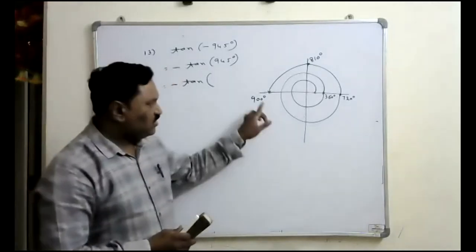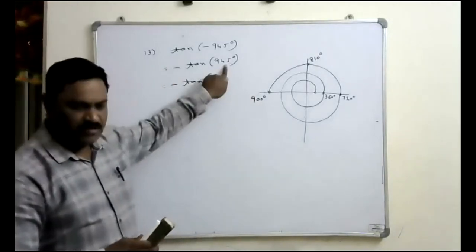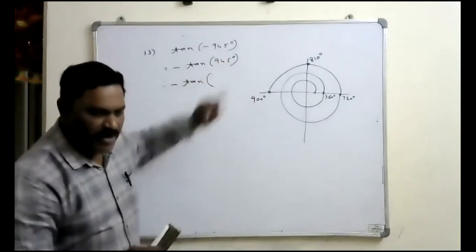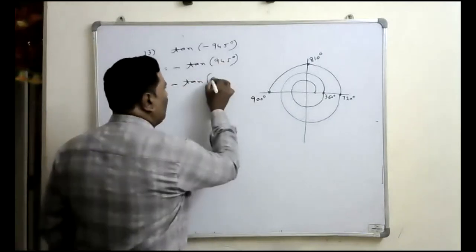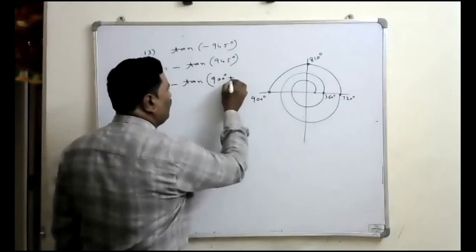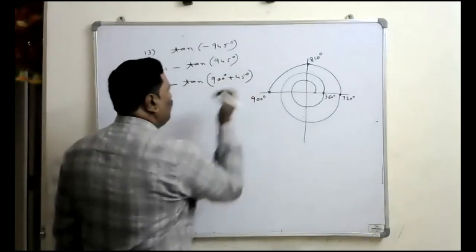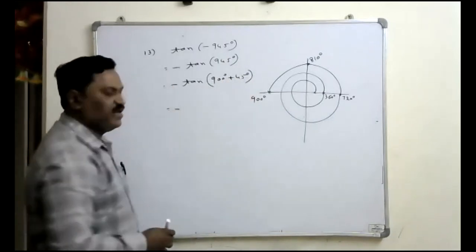So this is 900, which is the nearest to this angle. That's why 945 degree, I can write as 900 plus 45 degree.